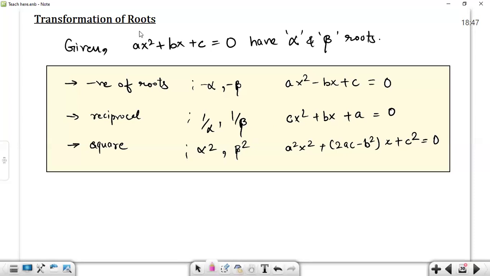So now let's discuss transformation of roots. Ax square plus bx plus c is the quadratic equation, where A, B, C are coefficients, having alpha and beta as its roots. If it is given that there is a quadratic equation, let's say 2x square, no, I have to show.